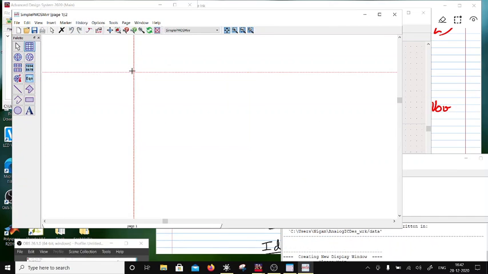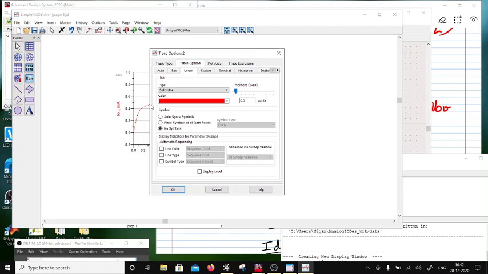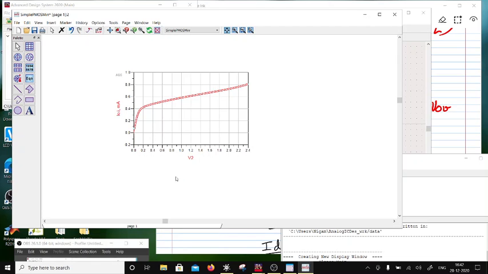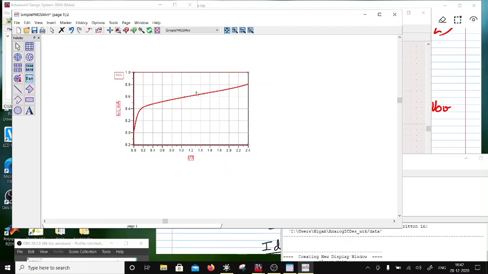If I plot current IO, which is over here, and then if I plot IREF, which is 50 microamperes, let's put in a new marker. Let's see where it becomes 50. Okay, it becomes 50 kind of over here.